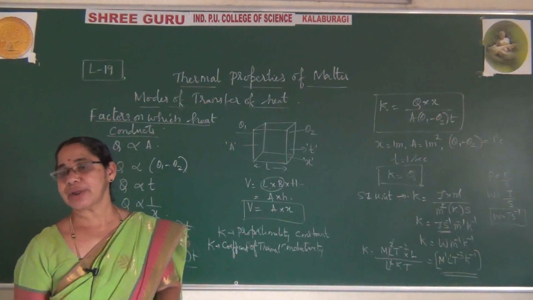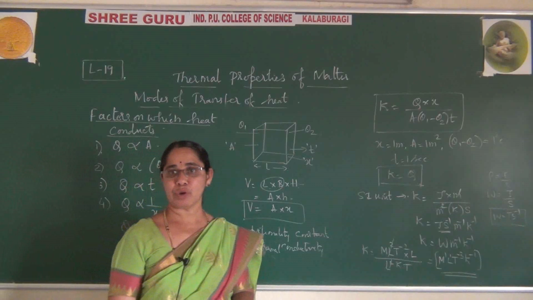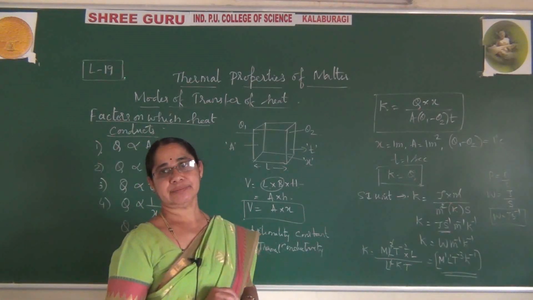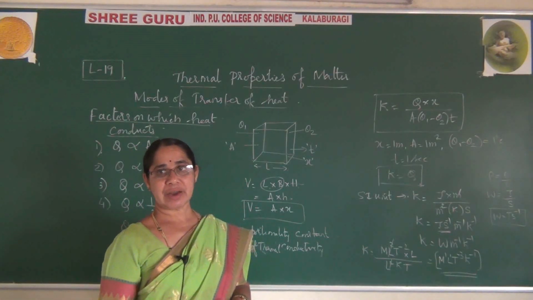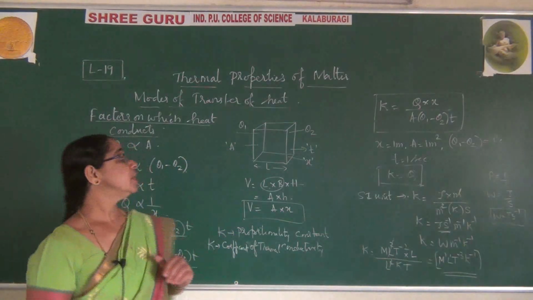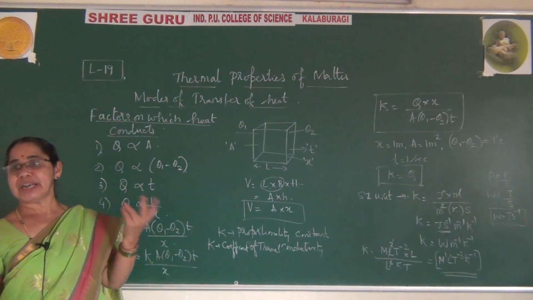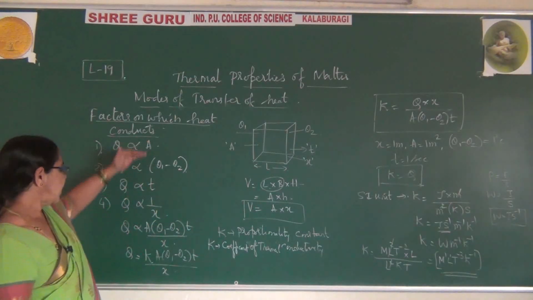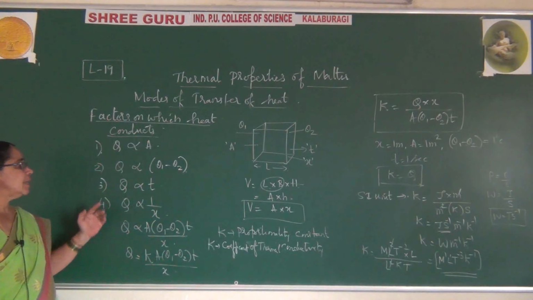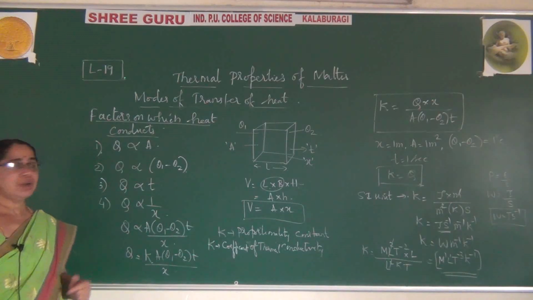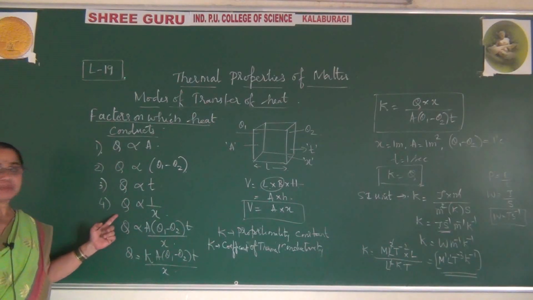Along with that we have learned steady state. The next concept we have learned is the factors on which the quantity of heat conducted depends. We have learned there are 4 factors. Using the example of Q, we learned these 4 steps.